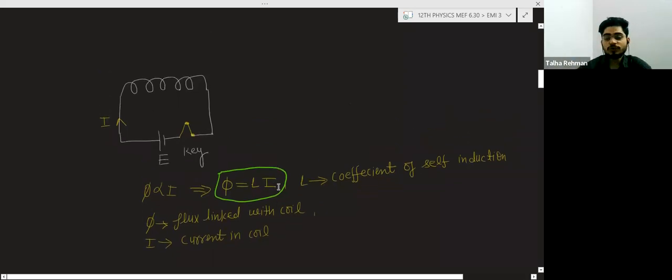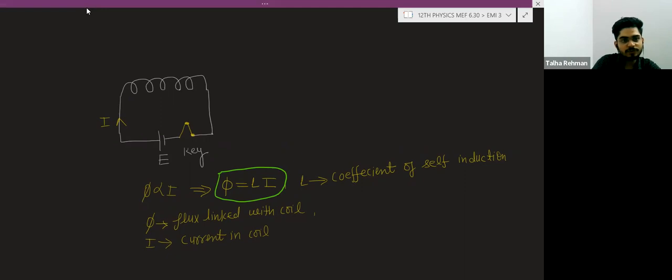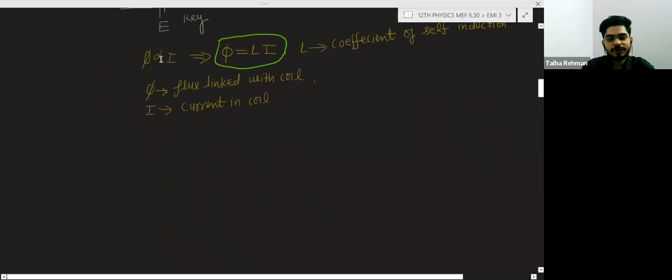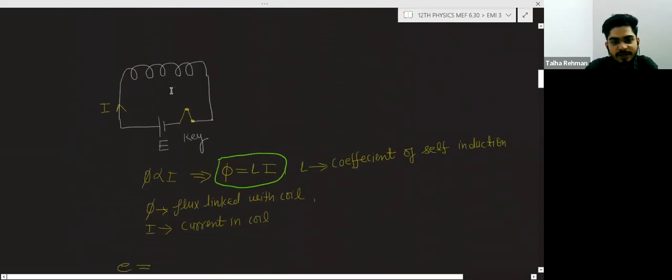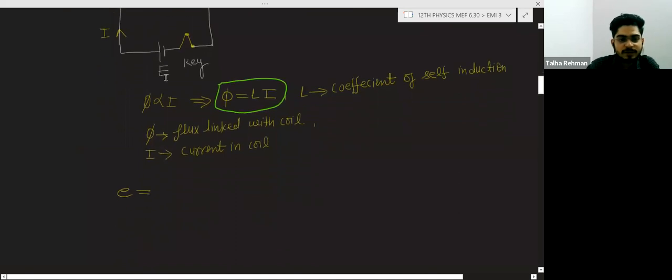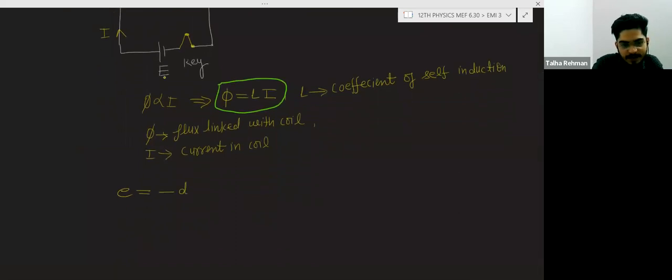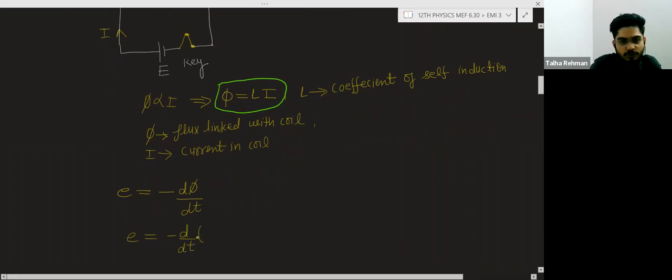Now we know the Faraday law. What does Faraday law say? E is equal to, what is E? E will be the induced EMF in this coil. Induced EMF in the coil is given by minus d phi by dt. So here you will put the value of phi, and for this phi you will put Li.